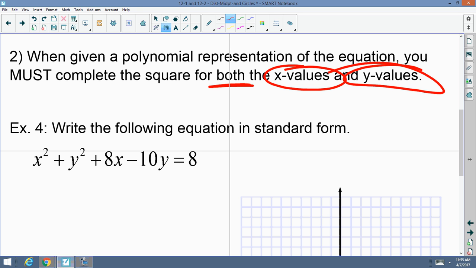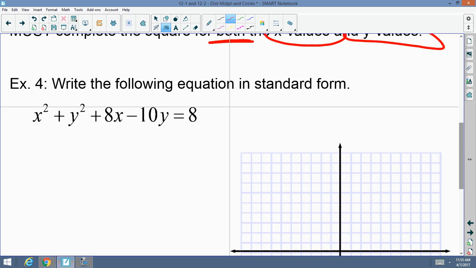I am not going to reteach completing the square super detailed, guys. I'm going to go relatively quickly because we've learned this already. If you do not know it, you do not remember it, you need a refresher, please go see my videos. And thank you, brothers. So we're going to complete the square as if we were solving.